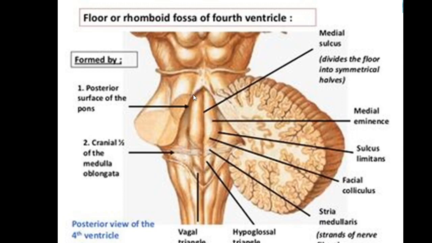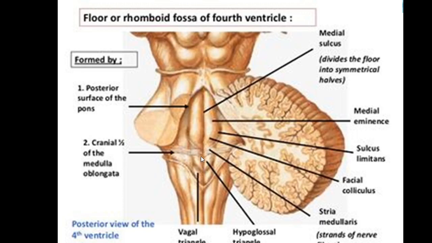Lateral to this there is a sulcus limitans, which divides each half into a medial eminence and a vestibular area. This is the vestibular area. This is the intermediate part here. You can see the striae medullares.